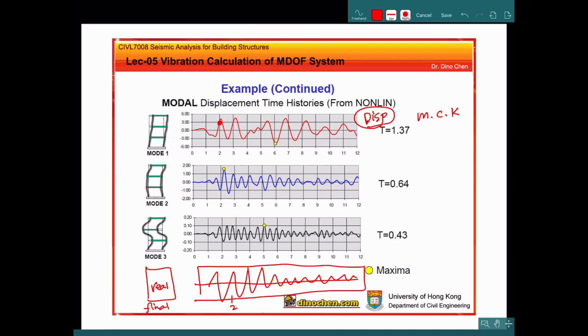This is the result from the first mode, this is the second mode here, and this is the third mode, something like here. So we need to add up these three displacement results. We call this method the modal superposition method. Superposition means adding up these three time history data together by different factors, of course.